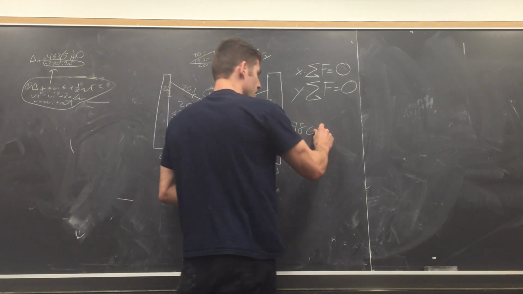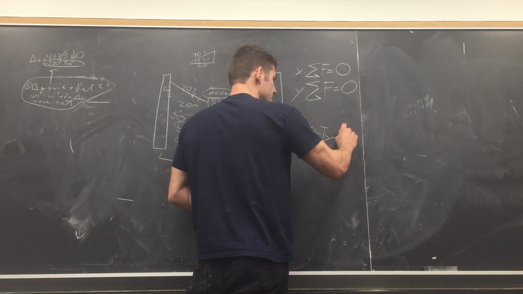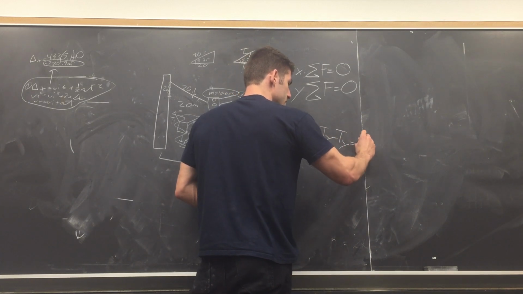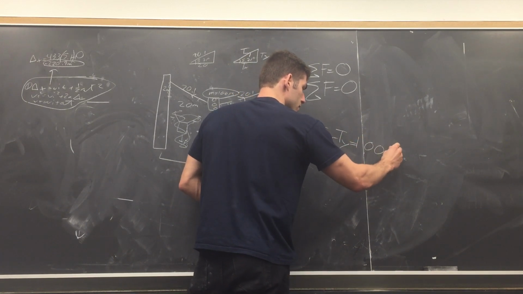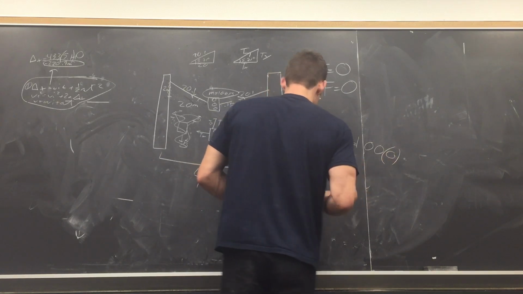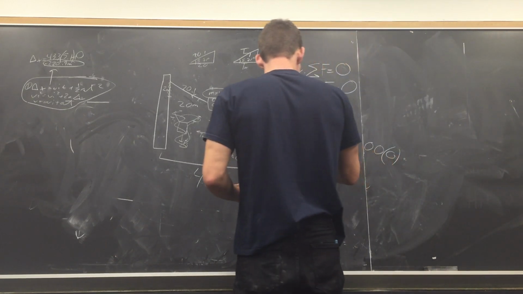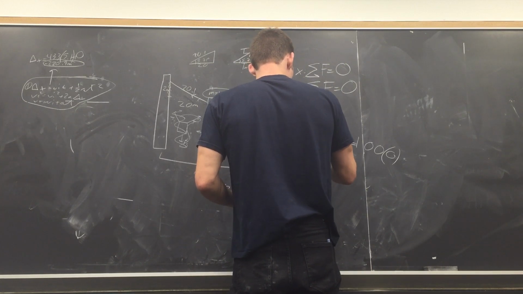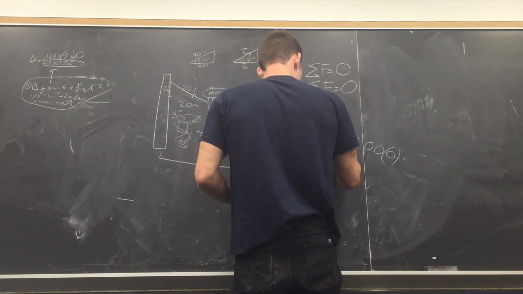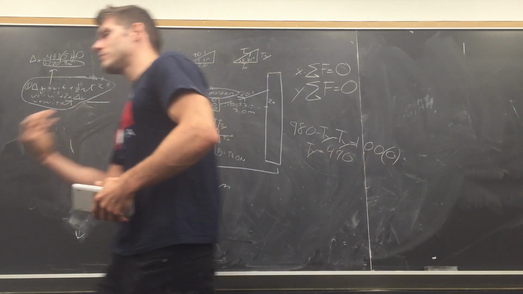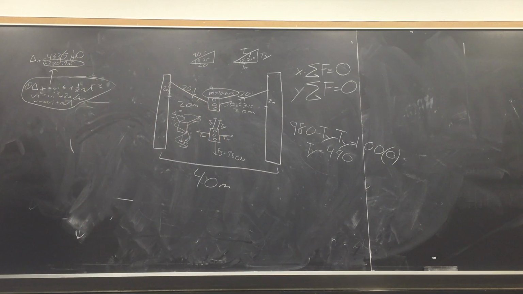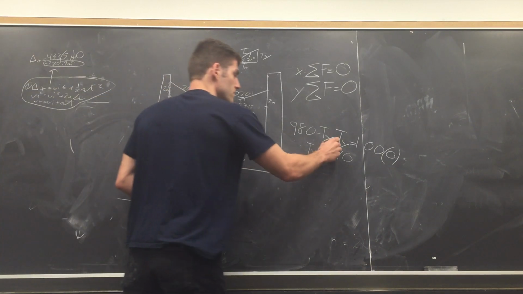Well, 980 minus Ty minus that exact same Ty is equal to the mass, 100, times 0. The acceleration in the y direction is 0 because it's in vertical equilibrium, which just means that each of these Ty's is 490 when you do the math. 980 minus 2Ty equals 0, therefore Ty equals 490.